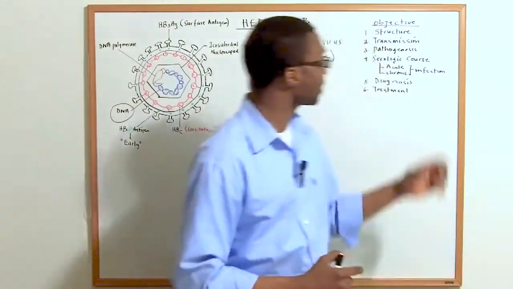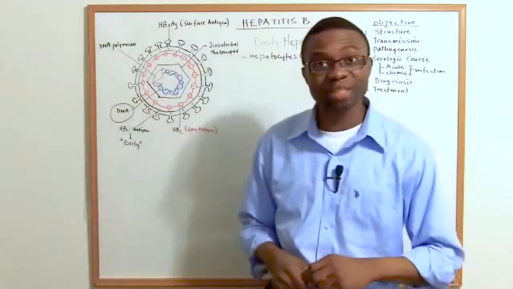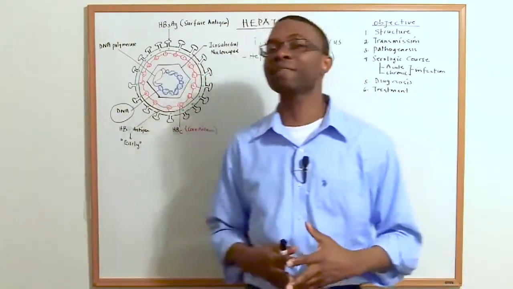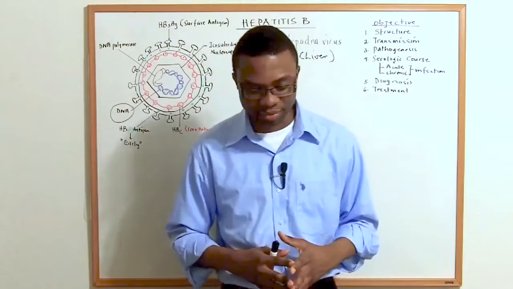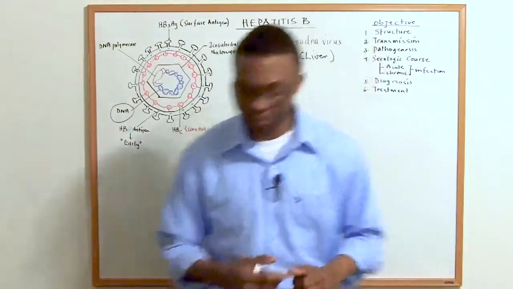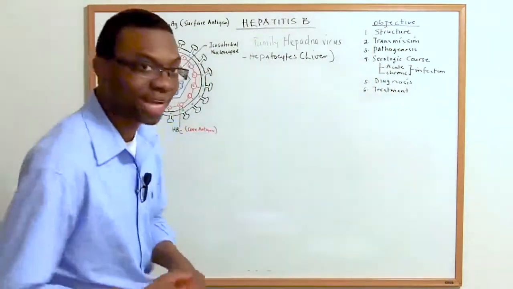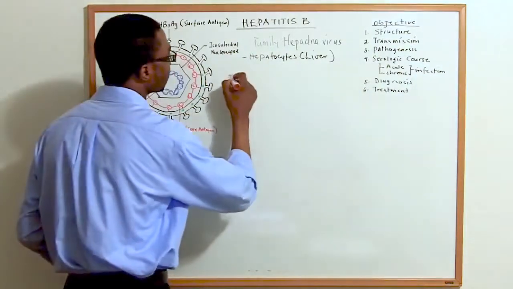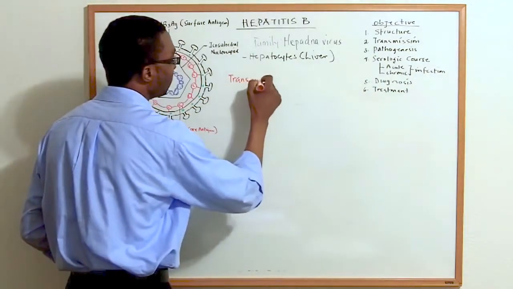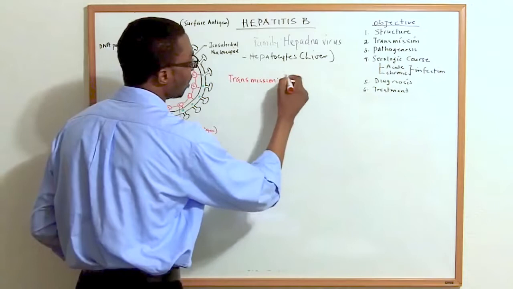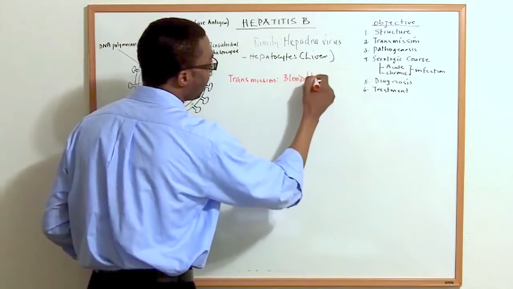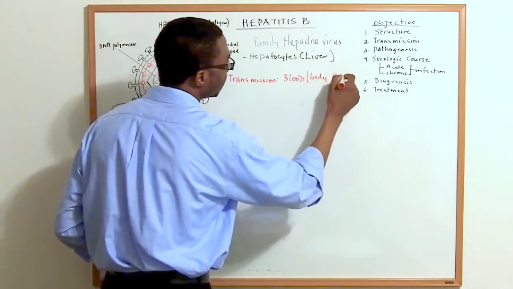Now let's go over the next thing. How is hepatitis B being transmitted? How will people get infected with hepatitis B? Usually it's from bloody body fluids. Blood or body fluids.